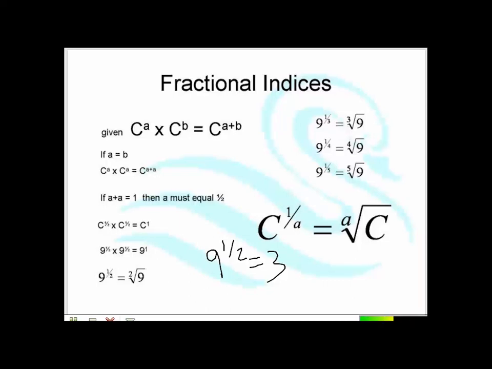So with some calculators, if you need to find the square root of 9, you have to go 9, and then you use the button which looks like x to the power of y, and then you type in 0.5, and that will give you the square root of 9. Or sometimes that button looks like a top hat sign to give you the square root of 9.